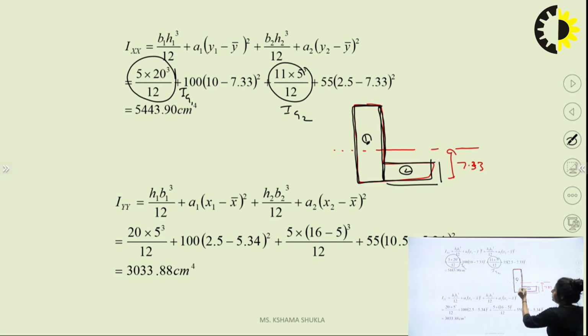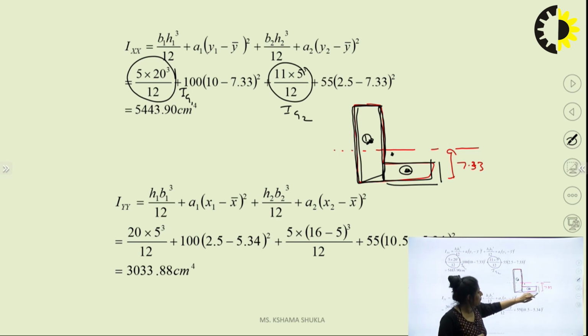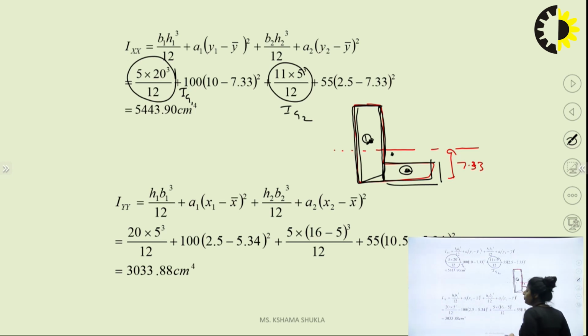The CG of this section is here and the CG of this section is here, but we need the value about here, which is different from our X and Y. So how can we find the value about these axes? Using the parallel axis theorem. That means all these values are found with the help of the parallel axis theorem.